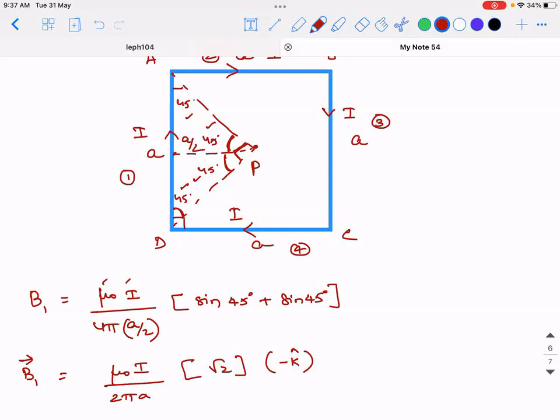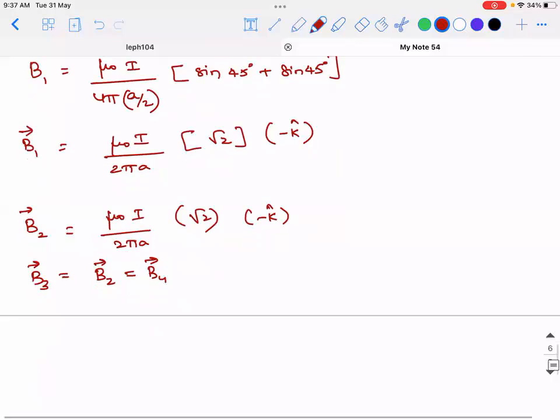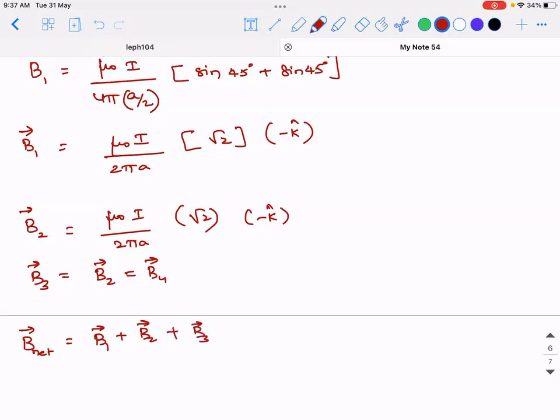So in both the scenarios, it will be into the plane. That is why you are getting minus k cap at every place. So net magnetic field, if I use the principle of superposition, so wherever you have vectors, you can go with the concept of principle of superposition, it will be equal to B1 vector plus B2 vector plus B3 vector plus B4 vector.